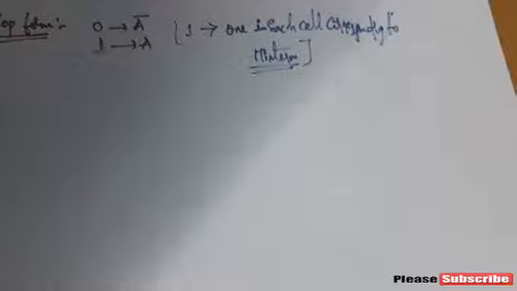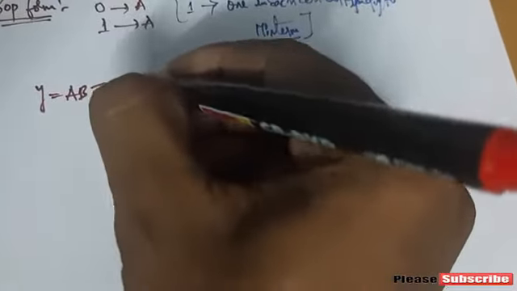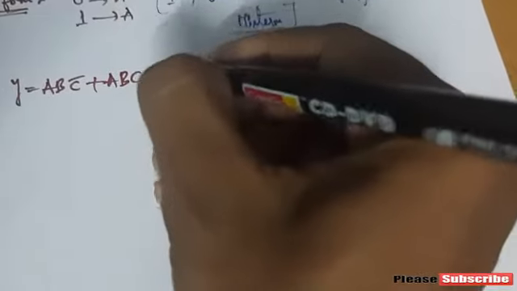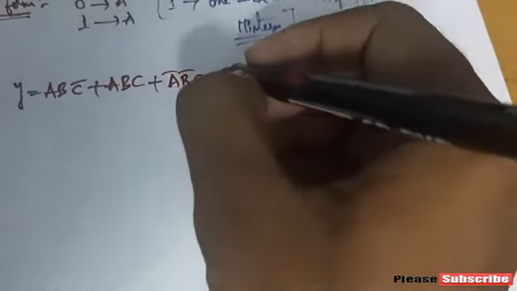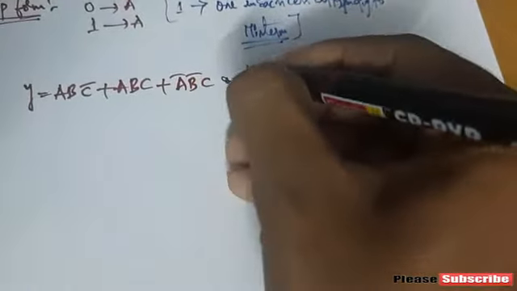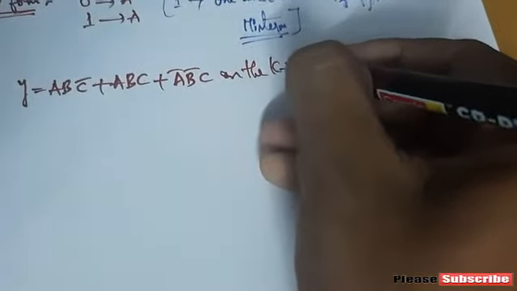Let's see a small example. Plot the Boolean expression Y equals A B C bar plus A B C plus A bar B bar C on the K-map.